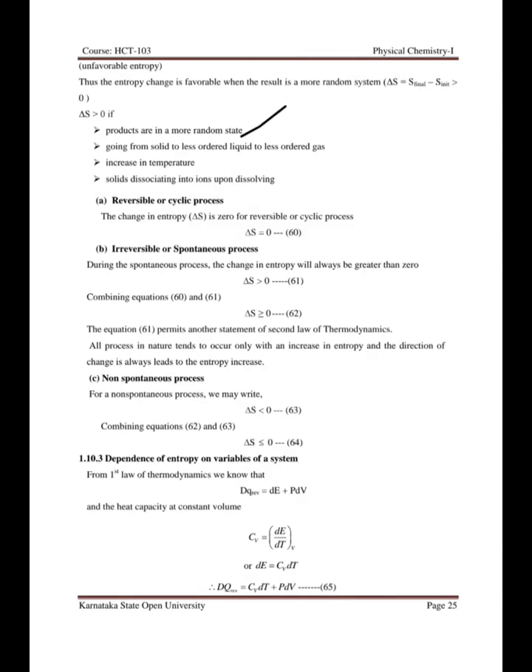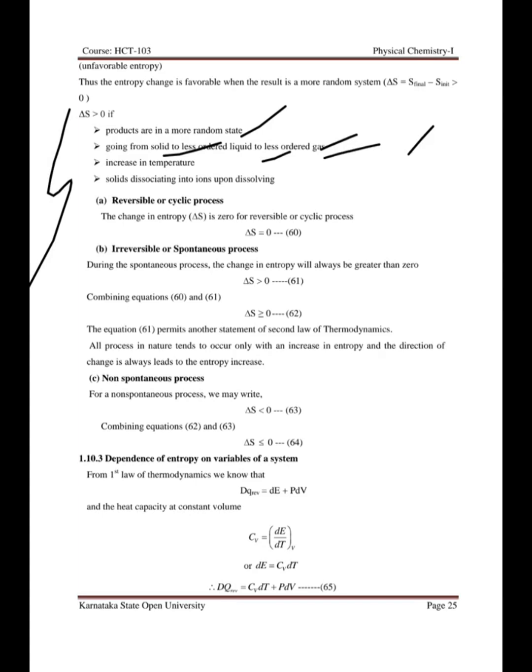If the system thermal energy is greater than 0, the products are more random in state, going from solid state to less ordered liquid or less ordered gaseous state. If the temperature increases, the solid becomes liquid, and further liquid will be converted into gas. This is the point that I explained.